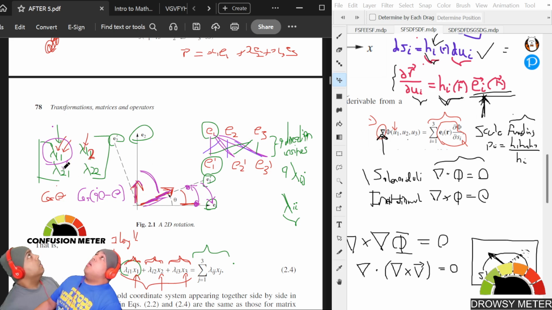Angle between new two and old one, that is 90 plus theta. Cos 90 plus theta. Angle between old two and new two. The angle is theta. Cos theta.